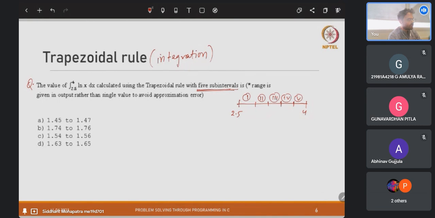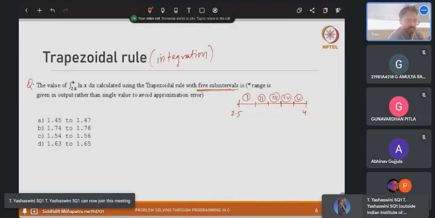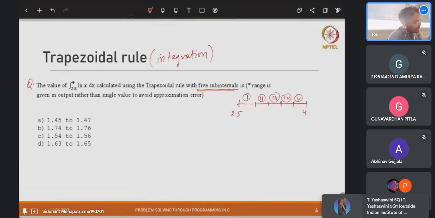So we have to first divide 2.5 and 4 into 5 different parts, and yes, we can do that. So let us see. Basically what that means is, you need to find a value which is 1/5 of the distance between 2.5 and 4.